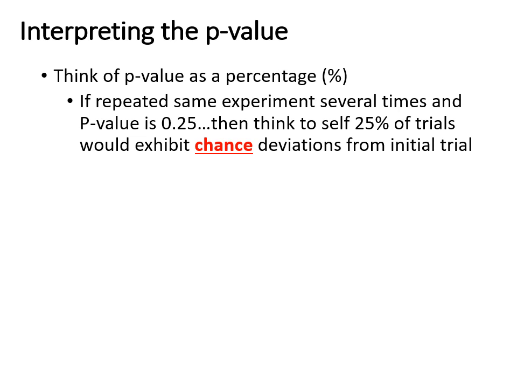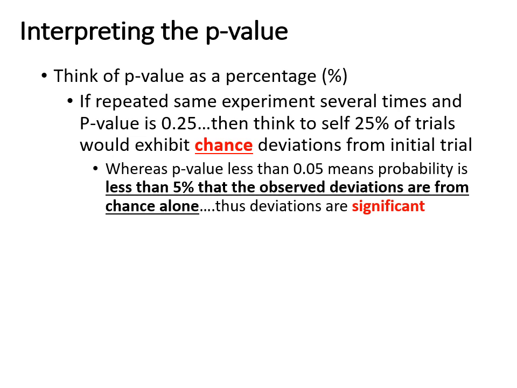And when I say chance, that means that any deviation you're seeing is simply by chance, okay? Whereas a p-value of less than 0.05 means that there is less than a 5% chance that the observed deviations are from chance alone.